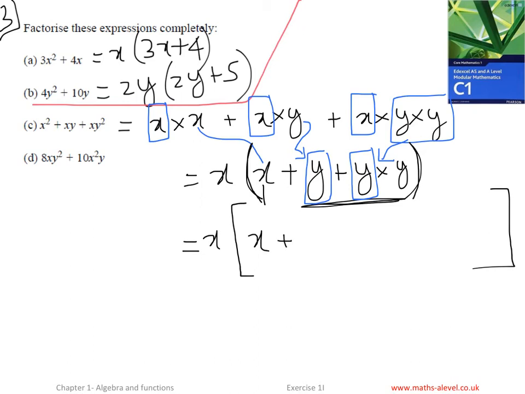So I'm going to take y outside. Now I'm going to put a normal bracket. So if you take y outside, you write 1 here, and since you already took the y, that y will be there. That's the answer.